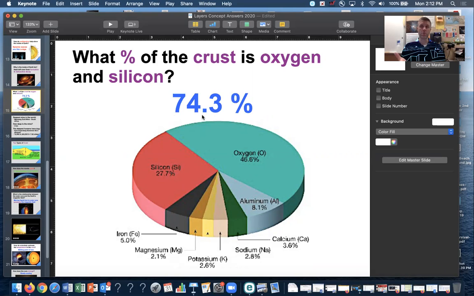Or if you need numbers to use, then you can use these. That's up to you. But the big thing is that oxygen and silicon are the two most common. And when we start talking about minerals, we'll see why that is, or one of the reasons, I should say.